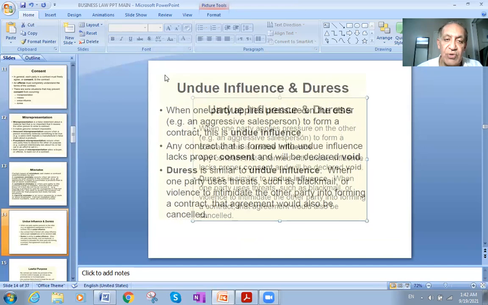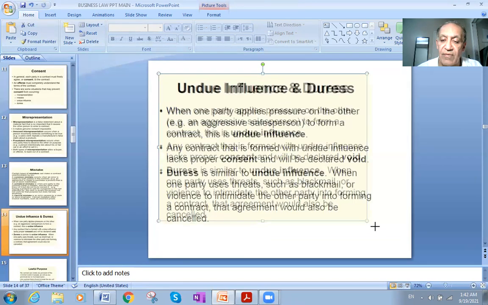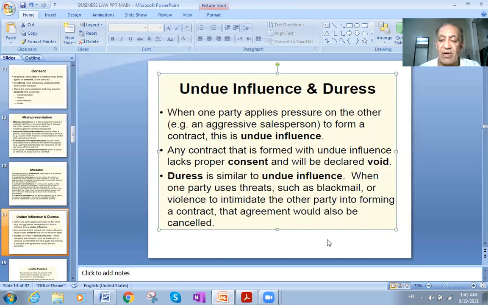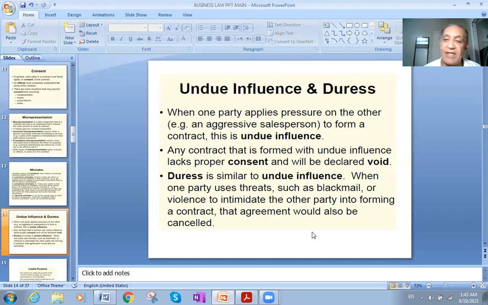Let us go also to one of the reasons for void or the cancellation of a contract, the cases where this contract will not be enforceable for both parties, the seller and the buyer. What are those? Undue influence or duress. So we know the meaning of undue influence and of duress.